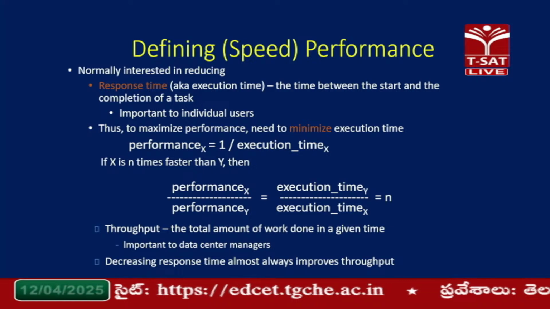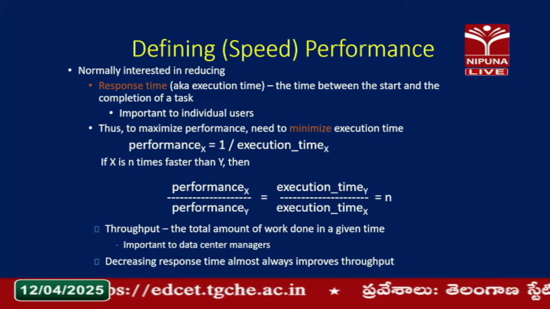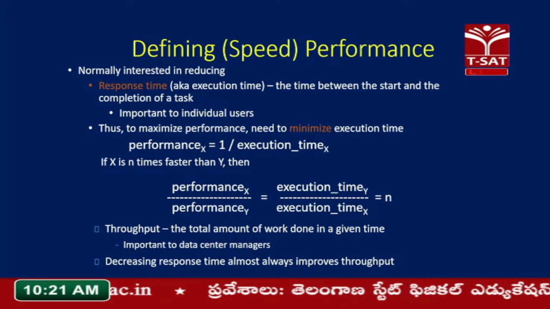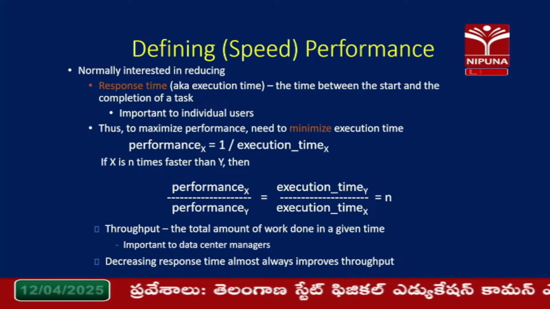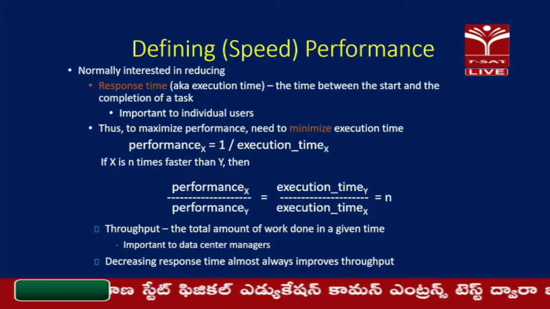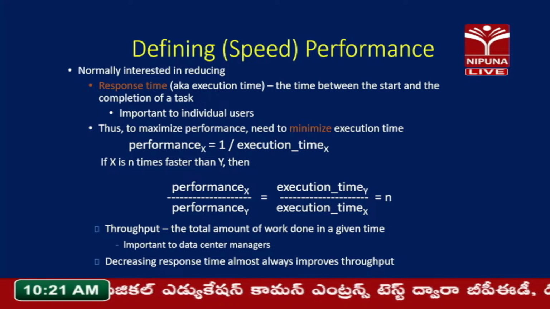Throughput means how much of the work is done in a given amount of time. So, decreasing response time almost always increases the throughput, because the faster you execute the task, the sooner you are ready to take up the next task.